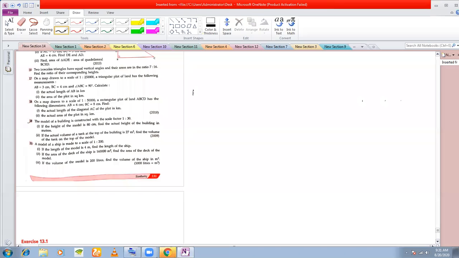Number 19. This one I gave you. If the model of a building is constructed to a scale factor 1:30. So scale is 1:30. So what is the scale factor? The scale factor here is 30.